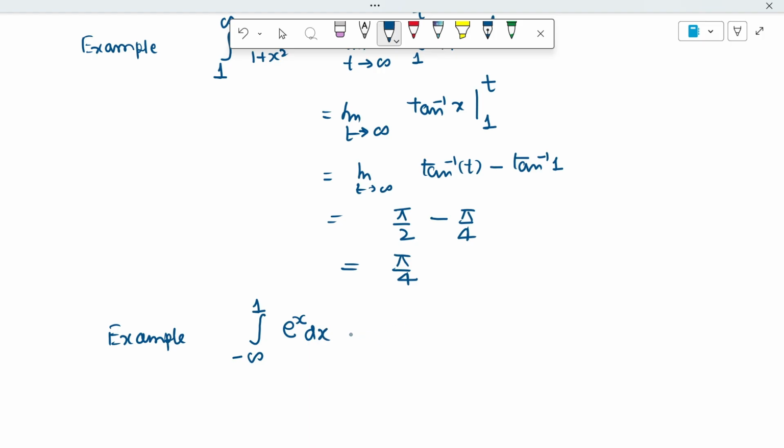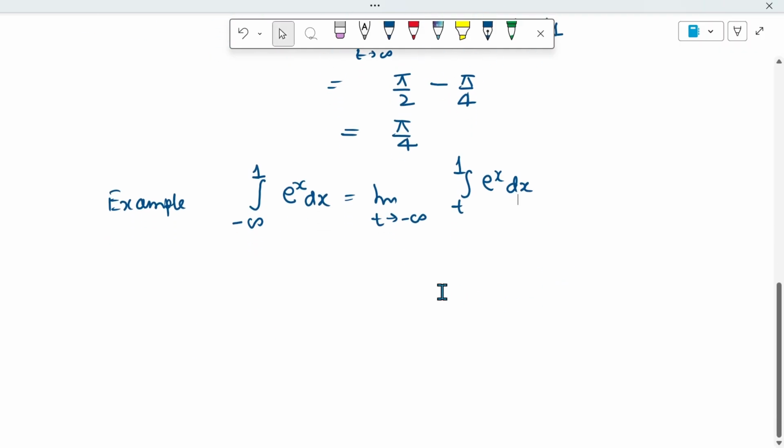So this will be basically limit t tends to minus infinity, and we have t to 1, e raised to power x dx.